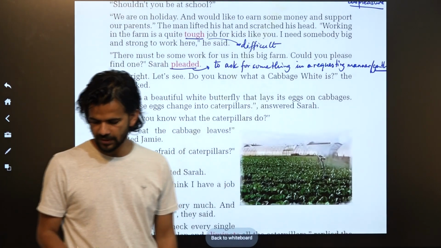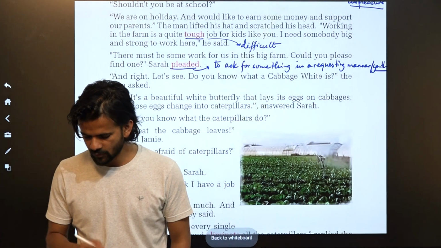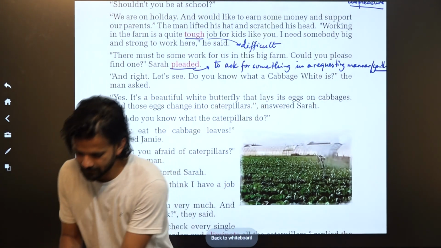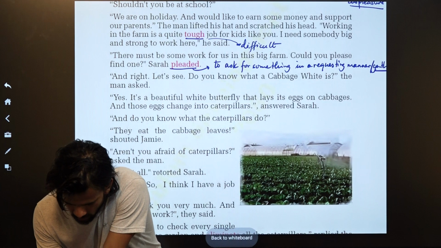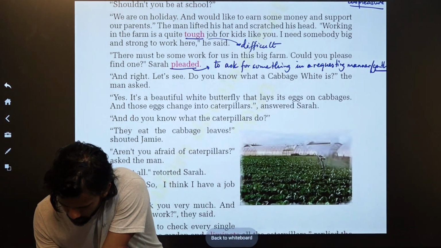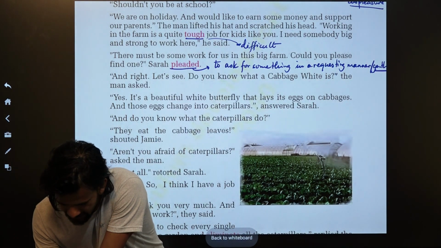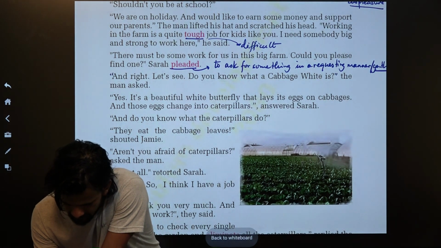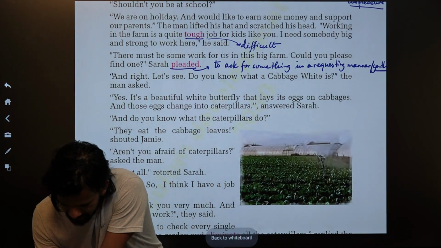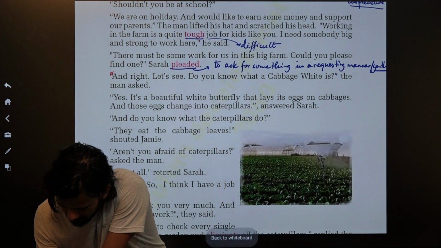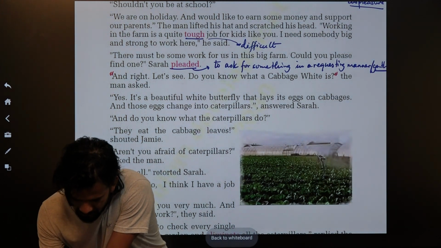So, you see, whenever you are writing, what do you see? Direct speech. Do you see all the direct speech here, between the inverted commas? Please, have a look at this. These are all direct speeches, right?